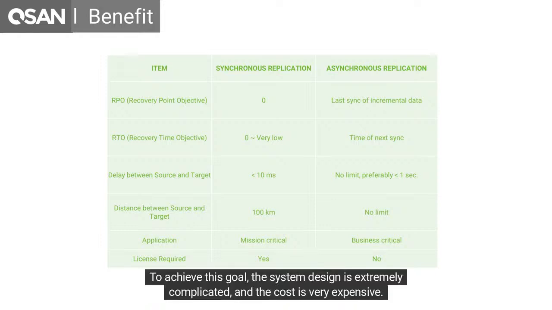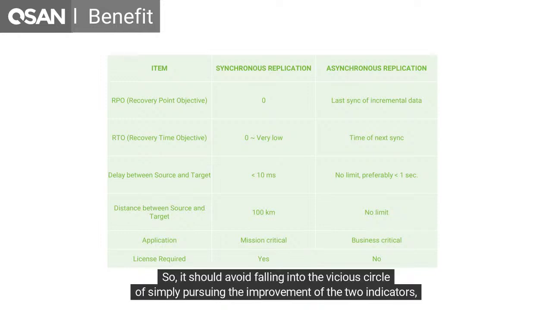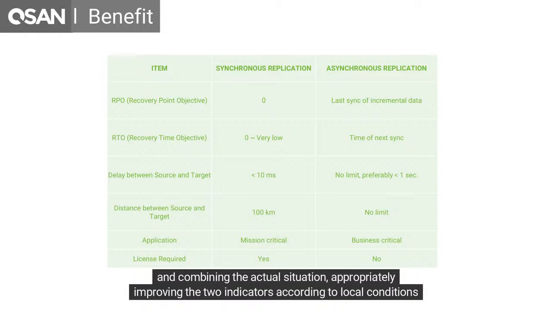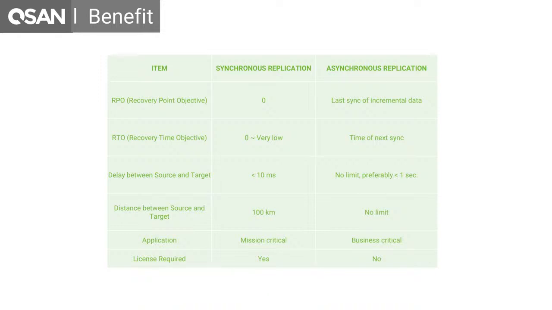To achieve this goal, the system design is extremely complicated, and the cost is very expensive. So, we should avoid falling into the vicious circle of simply pursuing the improvement of the two indicators, and instead combine them with the actual situation, appropriately improving the two indicators according to local conditions, as the right way.